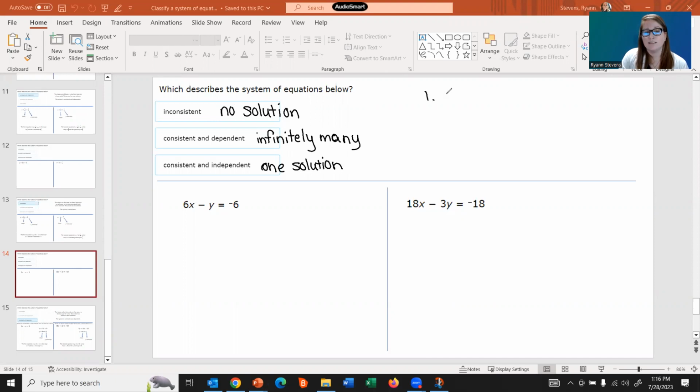And we want to, again, check our slope and check our y-intercept. We're going to use slope-intercept form of y equals mx plus b, where we know that our slope is our value of m, and b will be our y-intercept.